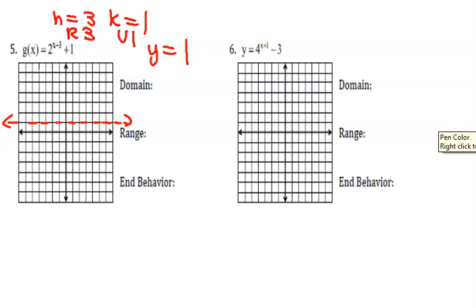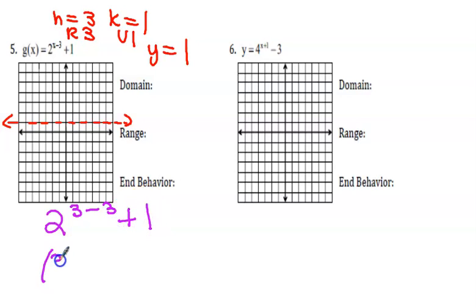Okay. And now, what does this mean? Right 3, up 1. Okay, from here. So over 3, 1, 2, 3. And it says up 1, but we have this line right here. So let's plug in 3 and see what happens. So I have 2 to the 3 minus 3 plus 1.